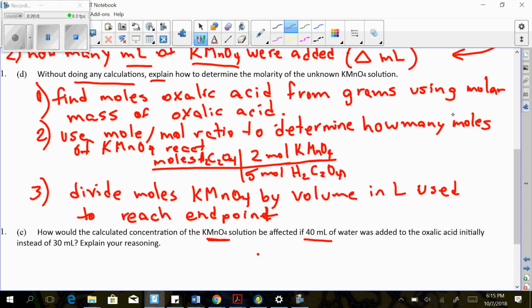And so looking at these steps, if you had 40 milliliters, the oxalic acid would be more dilute, but that doesn't matter. Nothing would really happen. So there would be no effect on the calculated concentration.